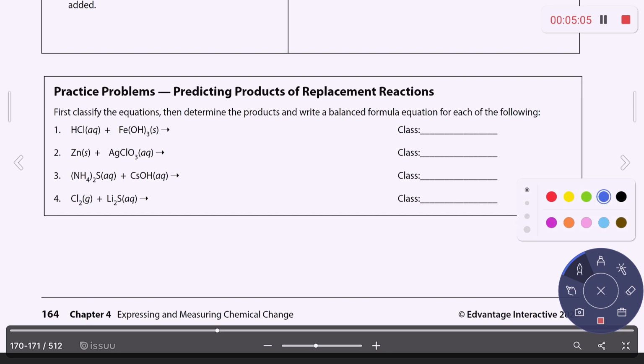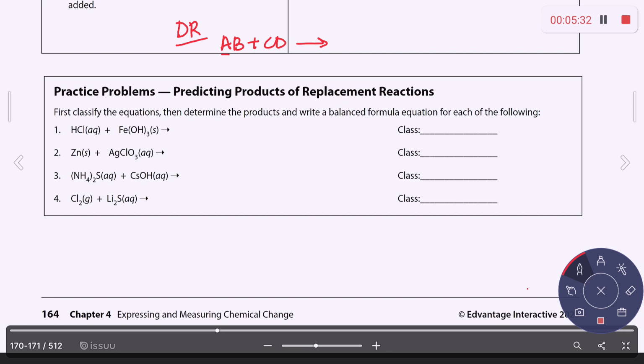All right, they want us to classify the types of reactions that we have. So meaning synthesis, decomposition, single replacement, double replacement, or that's it. So for number 1, what kind of a reaction would this be? So just to give you an idea, double replacement is abbreviated DR typically, and you're going to have 2 compounds combining.